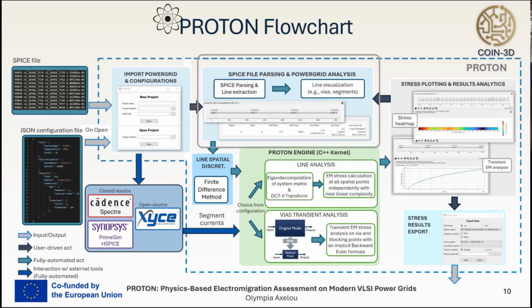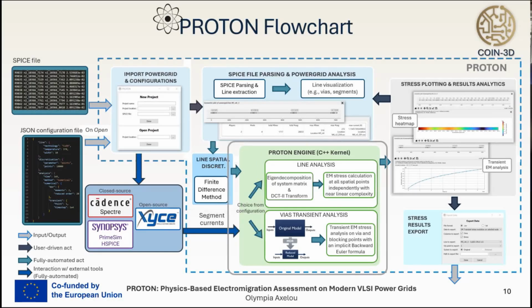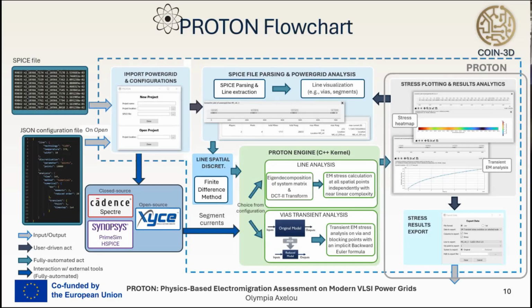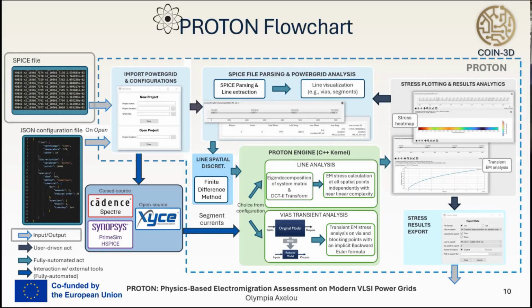After selecting the line and the desired configuration, for example, technology, temperature, the width of the line, etc., it discretizes the line using the finite difference method. Then, depending on the analysis, as explained above, the user can choose between the two previously discussed analyses that are integrated inside Proton. And finally, of course, the users can plot and extract the results. And as we said, the primary goal of Proton is to be compatible with typical industrial design flows.